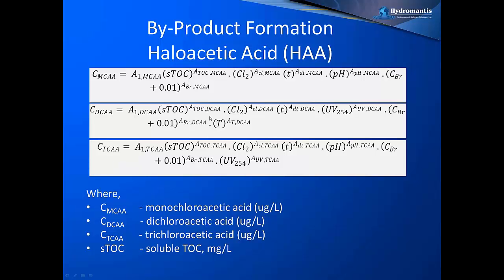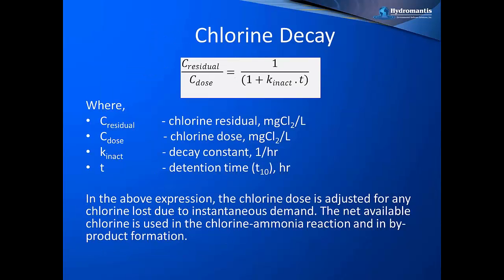Again, the exponent values are taken from the published relationship, but they are variables in GPS-X, and the user, depending on the data that they may have, can further calibrate the default model in GPS-X.